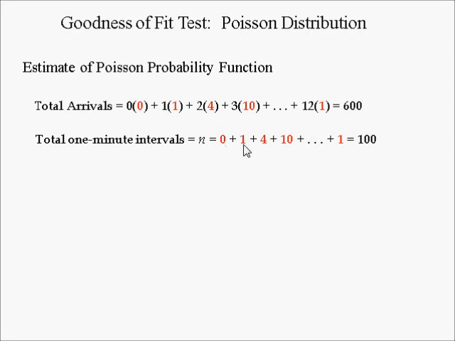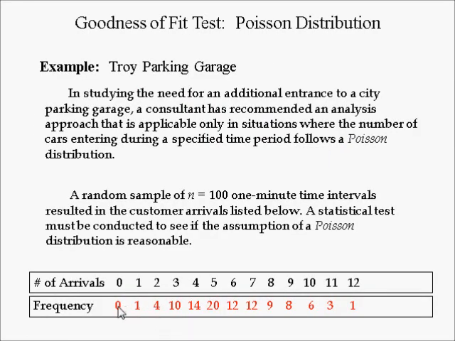These red numbers, again, are the frequencies. So we're essentially adding up the red numbers here to get N. And the sum of these red numbers is 100 because we had 100 1 minute time intervals.